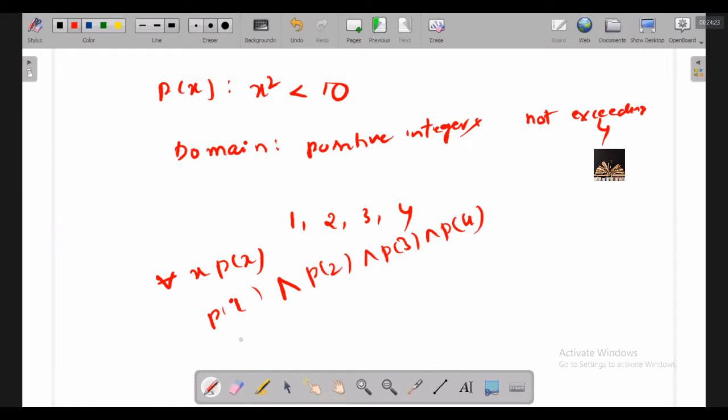In the P of 1 case, it is true. What is the predicate here? x square less than 10. So 1 square less than 10, so 1 less than 10, it is true. So P of 1 is true. Next, 2 square less than 10. 2 square value is 4, and 4 less than 10 is also true. So the conjunction is true.